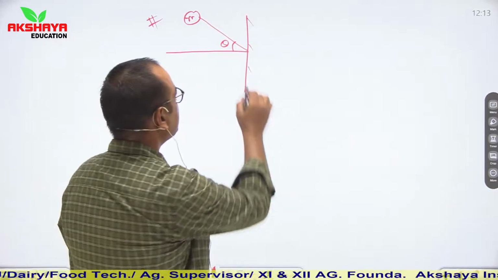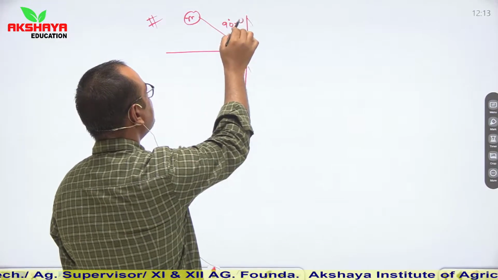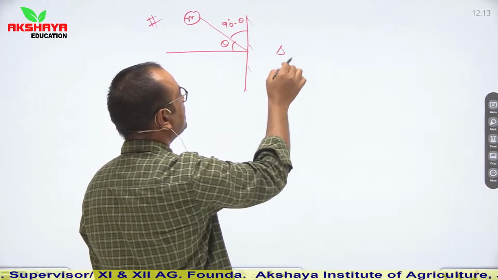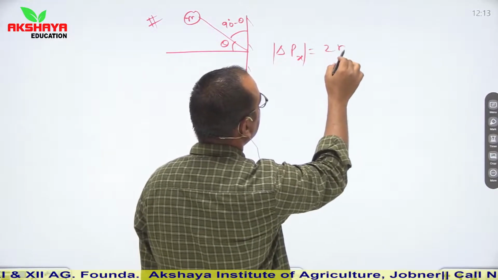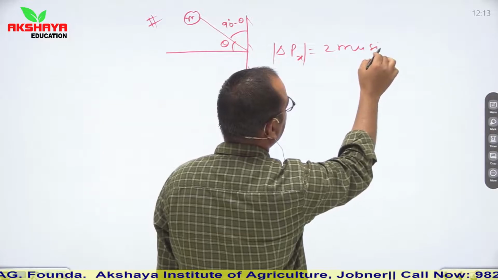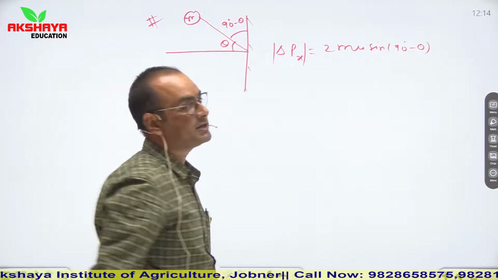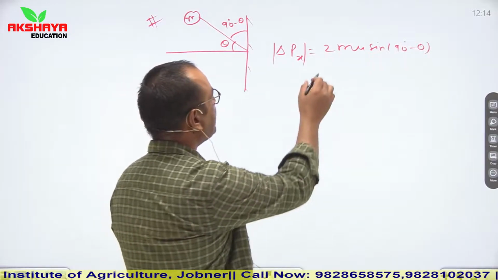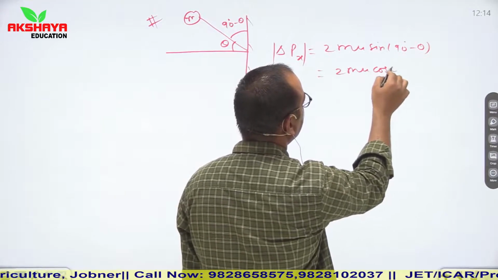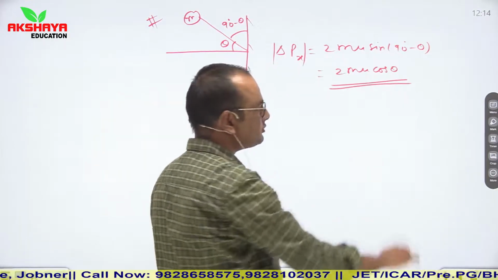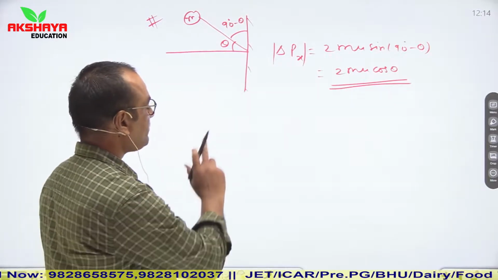Then in this situation the angle becomes 90 minus theta, and our change in momentum in the x direction gets reversed in form. So its magnitude now becomes equal to 2 mu sin of 90 minus theta. Sin 90 minus theta becomes cos theta. So we can say that the change in momentum in the x direction is 2 mu cos theta. So these are two patterns of question which are generally asked.